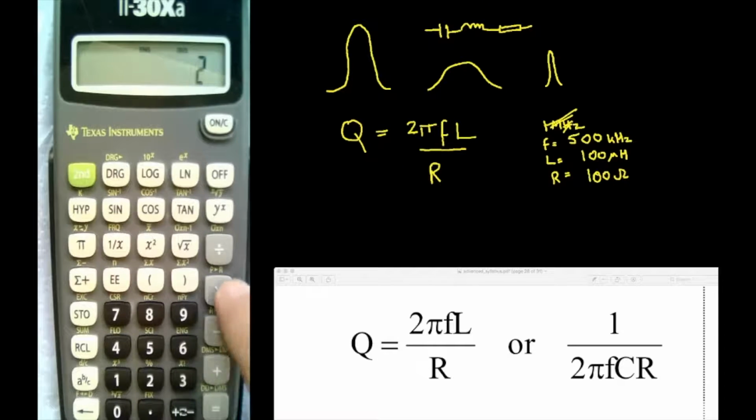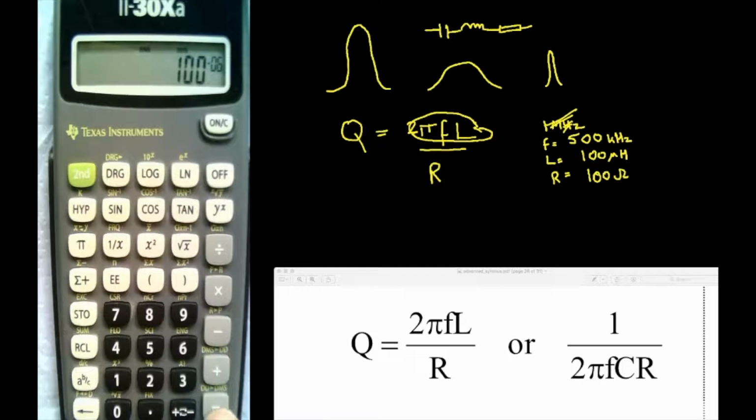We can say 2 times pi times 500 EE3, that's for frequency in kilohertz, times 100 EE6, change sign, and now we can press equals to evaluate the top part of the equation.